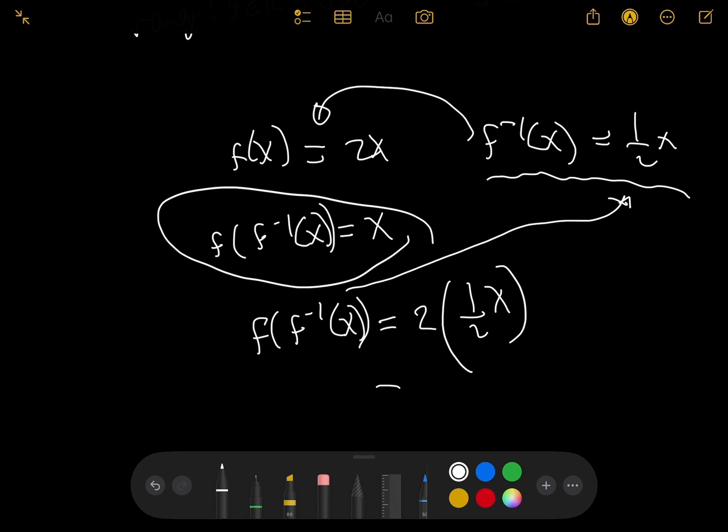Here we end up with 2 cancelling 2, therefore we end up with x. So we know that this graph is the inverse of the graph of f. I hope that made sense.